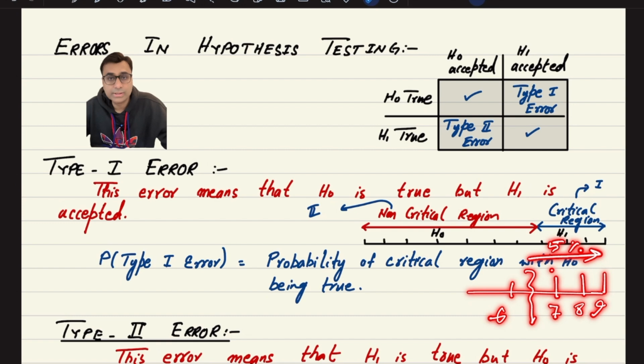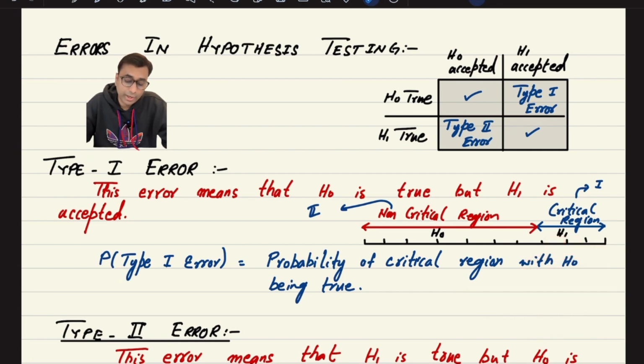Then you can't just simply say that the probability of type 1 error is the significance level, so it should be 5%. No, because you have to take probabilities of these discrete integers. So you have to individually add the probability of 7 and the probability of 8 and the probability of 9. That will come out to be slightly lesser than the significance level, but that will be the probability of type 1 error.